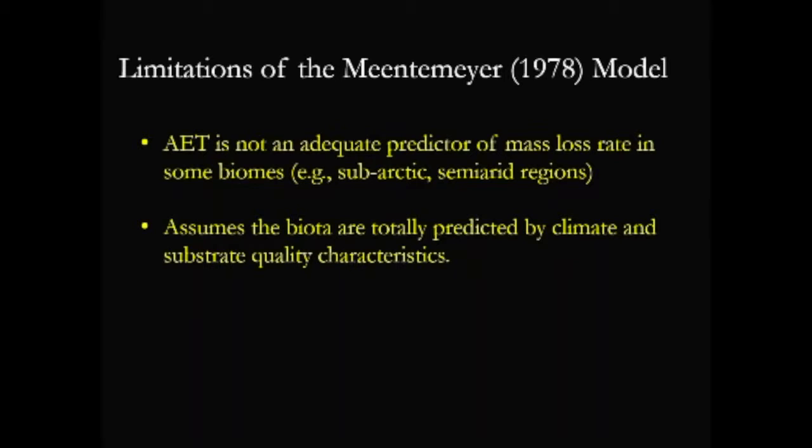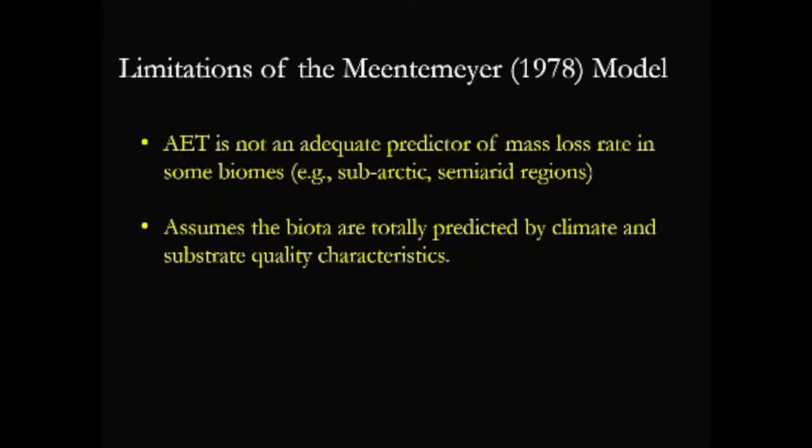One is that the actual evapotranspiration rate, that is the actual water that could leave the system in terms of evaporation or transpiration, is really not an adequate predictor of mass loss rate in some biomes, particularly in the subarctic or semi-arid regions.